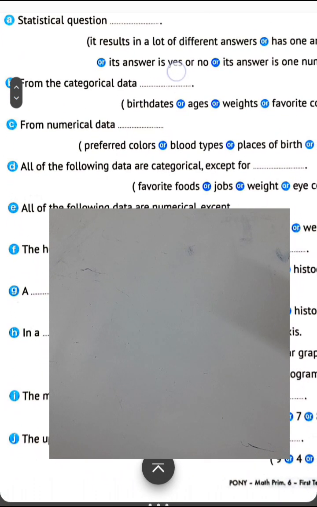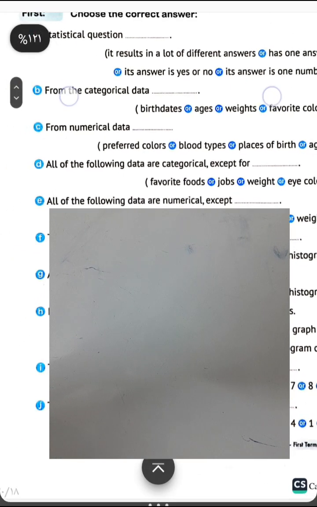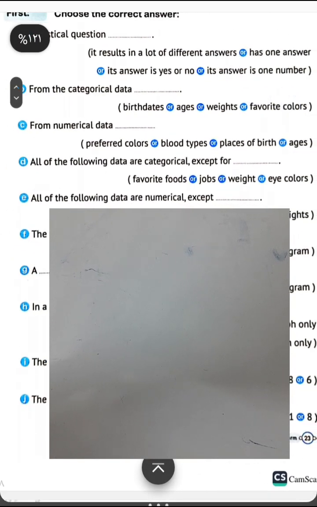Question letter B. From categorical data, here we have favorite colors. But birth dates, ages, weights are from numerical data. So letter B, from the categorical data, it will be favorite colors.